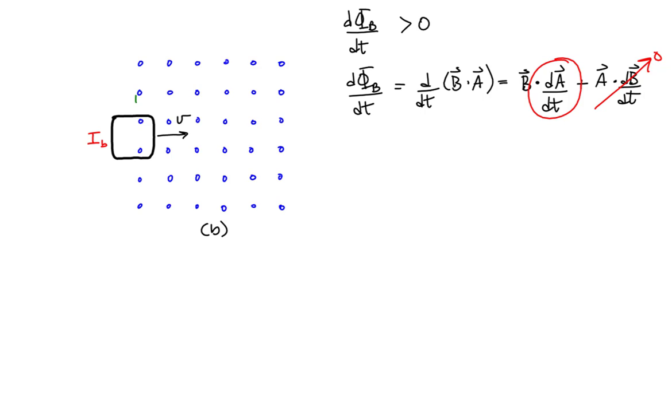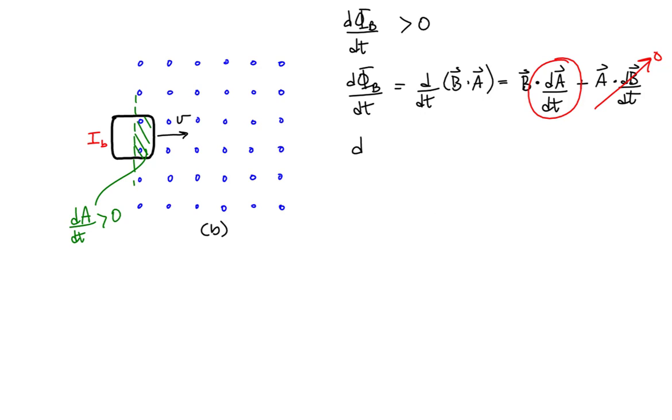changing. So this dotted line and this shading represents the effective area of the loop that is exposed to that magnetic field. And as this loop continues to enter the magnetic field, that effective area increases. So that means there is a time rate of change of the area.